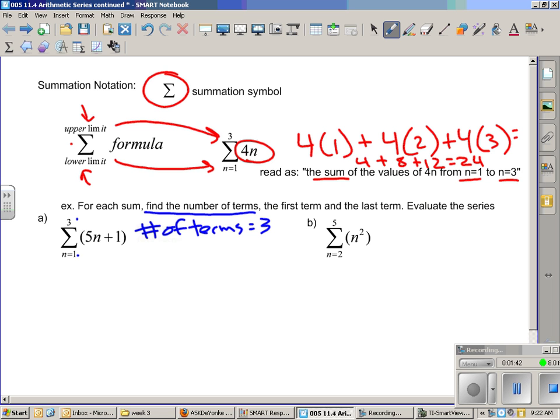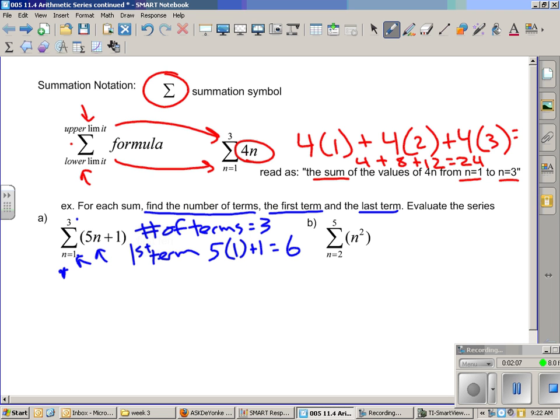Then you need to figure out the first term. They asked for you the first term. So that is when you get this and plug it in there. So instead of 5n plus 1, we're writing 5 times that n plus 1, and that would give us 6. So your first term is 6.